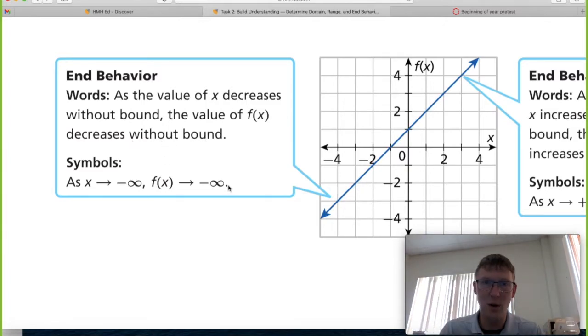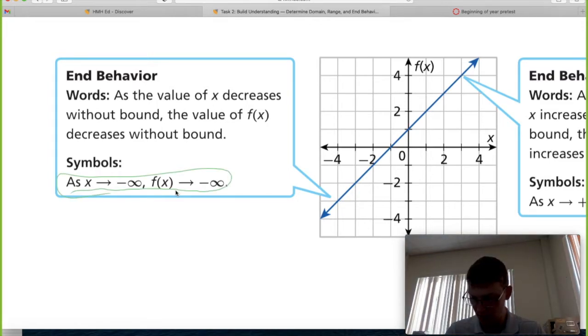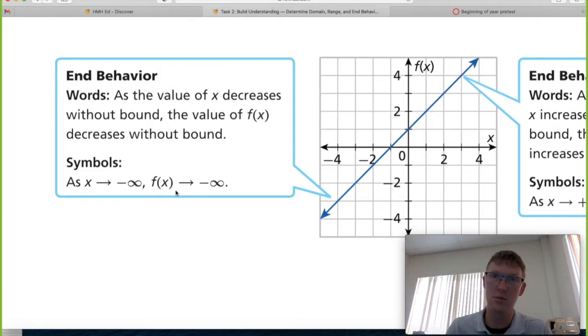What you would actually write is something like this. As x approaches negative infinity, f of x approaches negative infinity. Okay? This is more so what you would need to know how to write, per se.